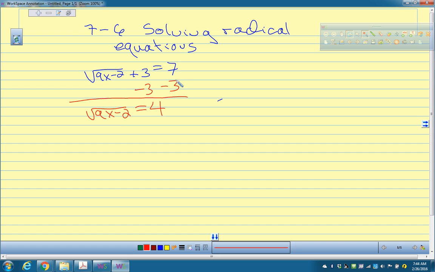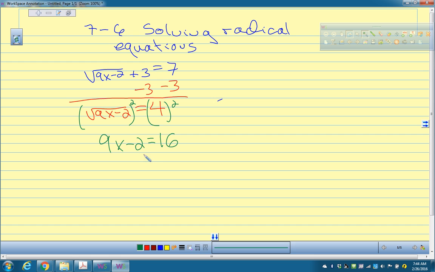So you isolate the radical, and then you square both sides. What happens when I square a square root? The square root goes away, so I get 9x minus 2 equals 16.